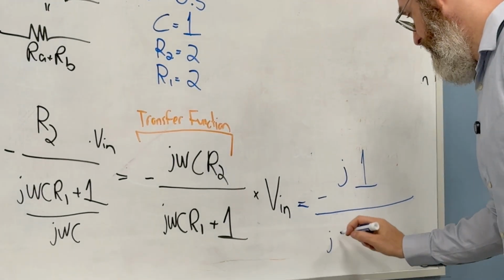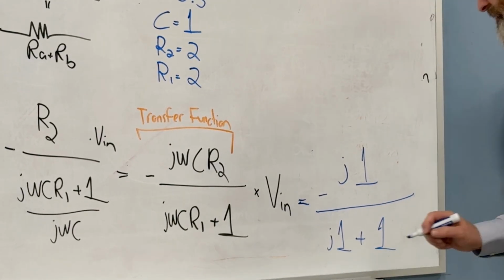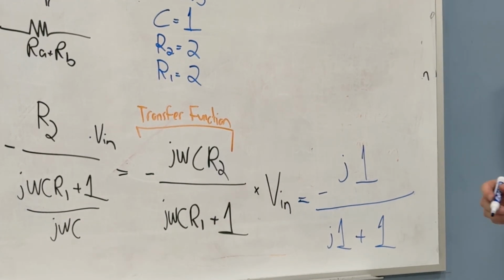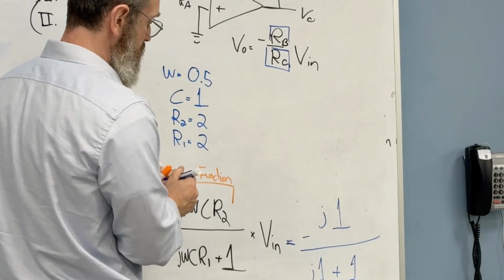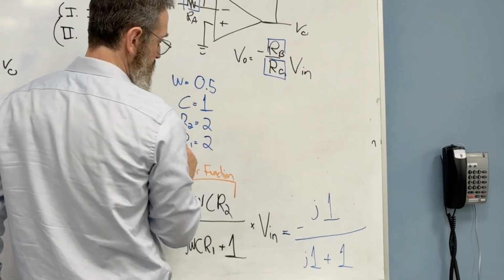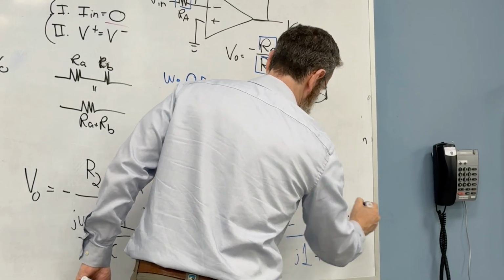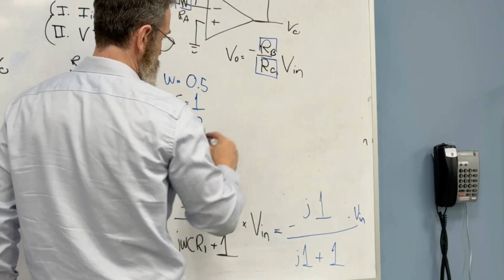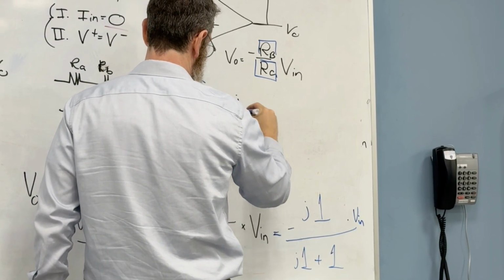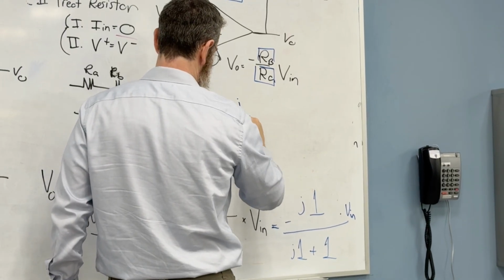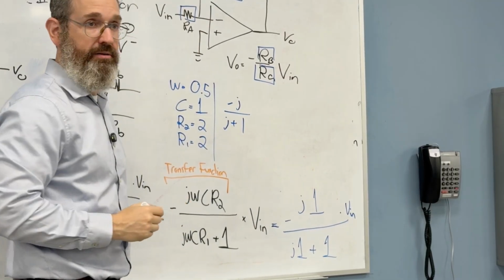So I'm just going to have j times 1 plus 1. So let's continue working with that. I'll stick to blue. We'll move here. And so there, and times V in. Now let me just rewrite the transfer function as minus j over j plus 1. All right.